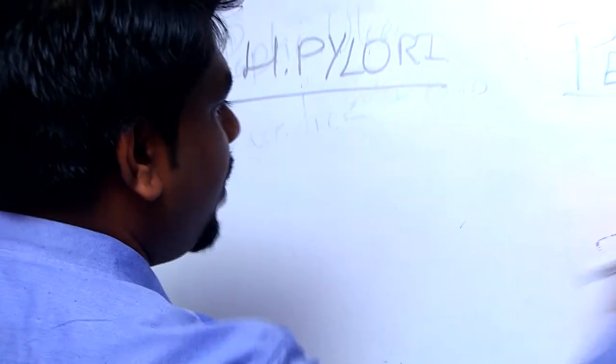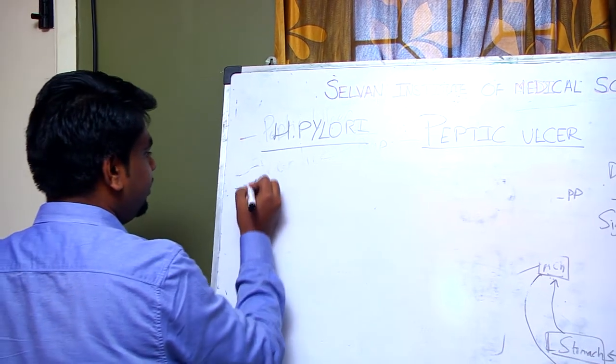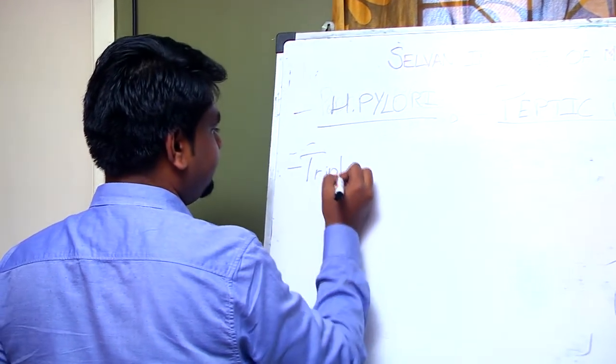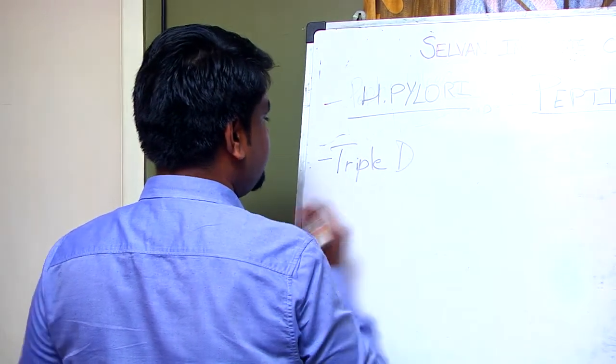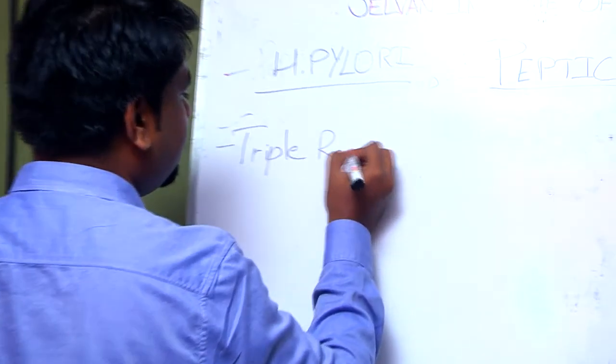So what are the regimens? The first regimen which we came up with was called the triple drug regimen, or you can write it as triple regimen in your exams.